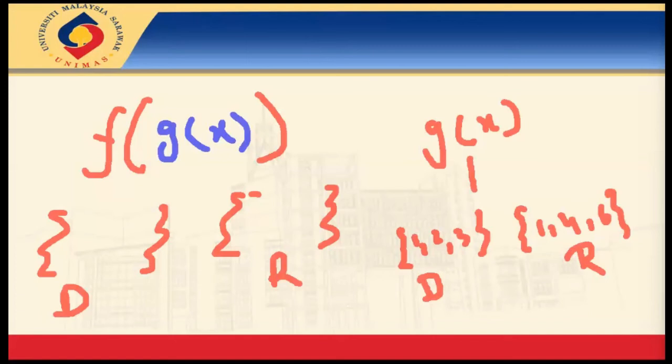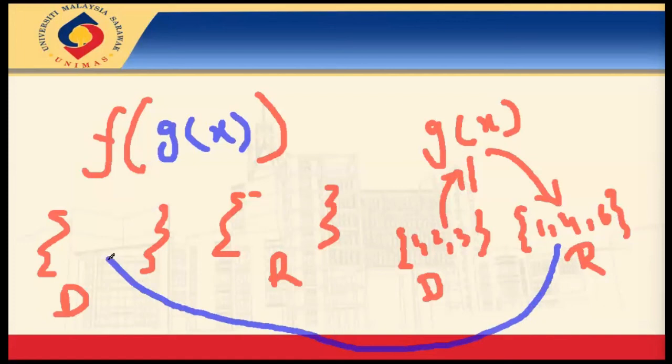Yes, sir. Okay, now we know that due to the input value, the function generates an output, right? And this output of this function will become the input, meaning the domain, for the outer function.